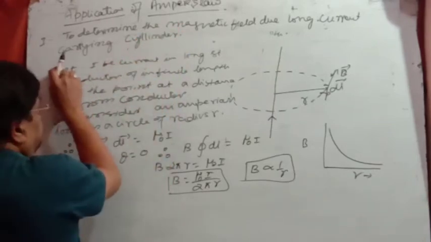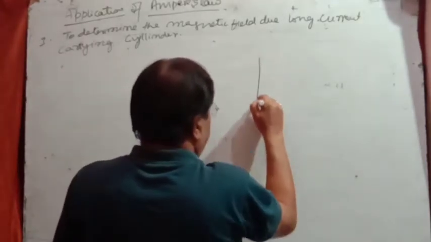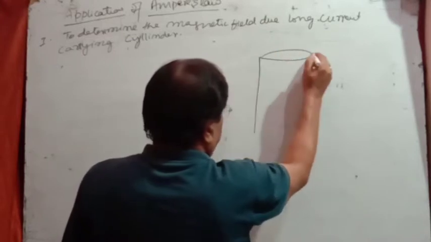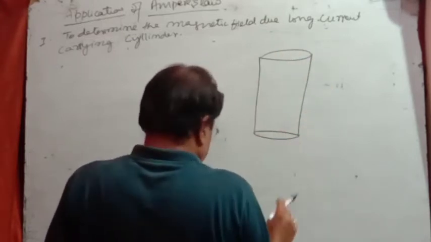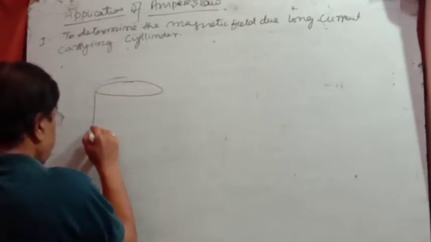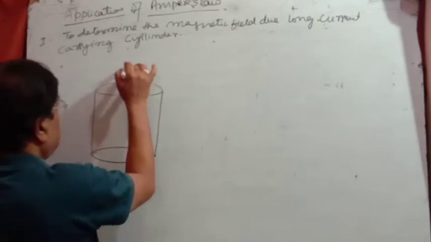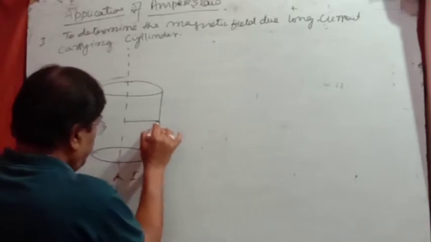First, we draw a cylinder. It has a current I, and R is the radius.